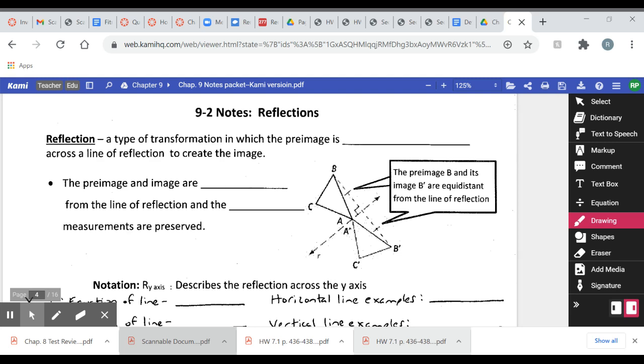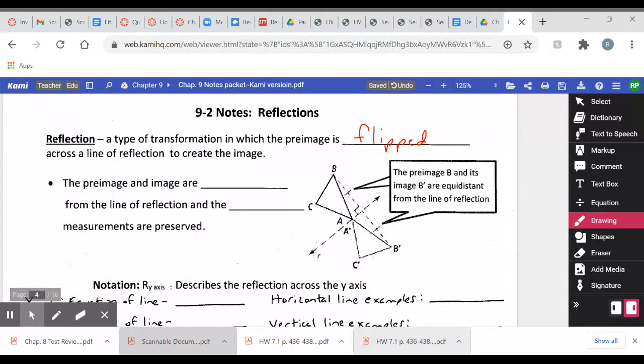A reflection is a type of transformation in which the image is flipped across a line of reflection to create the image. You can see an example of that here on the screen, and the dotted line R is the line of reflection.